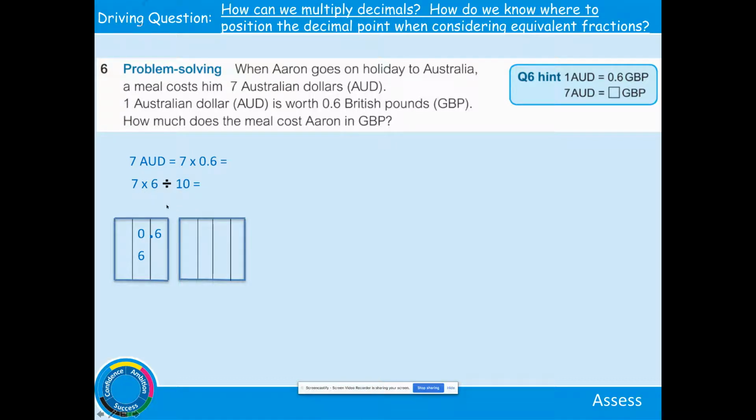So 7 times 6 is 42. Divide by 10, let's check it out on the grid. 1 place over, 1 place over. So it'd come out as 4.2 Great Britain pounds, GB pounds. Remember, with money we have 2 digits, so 4.2 pounds is £4.20.